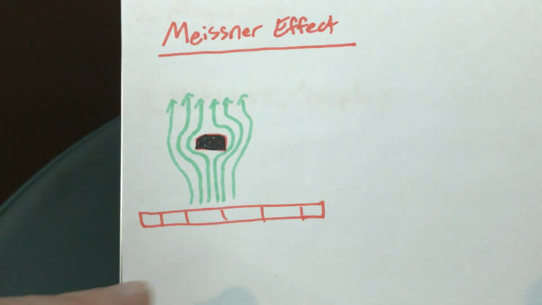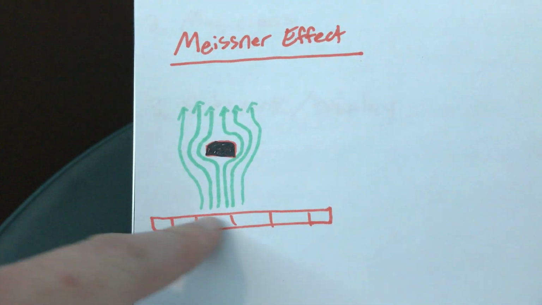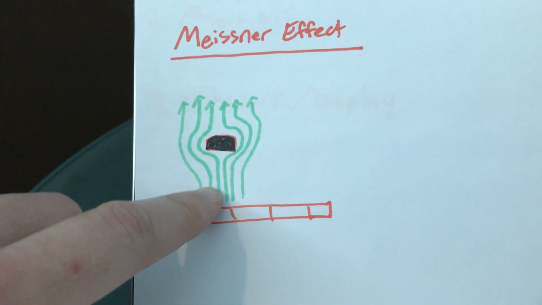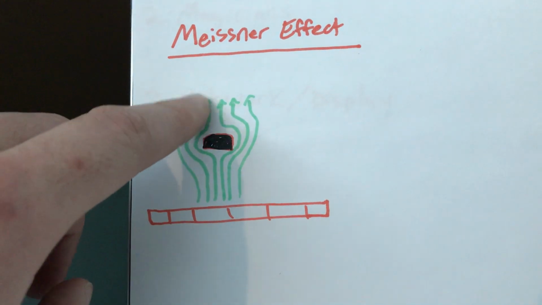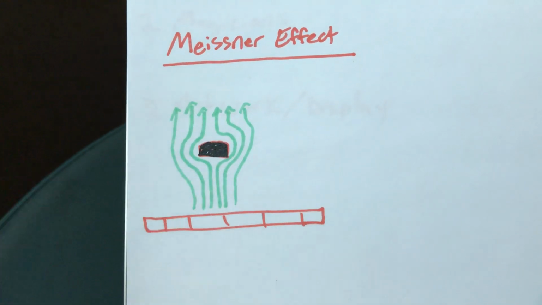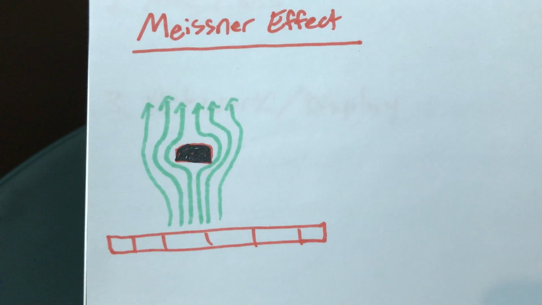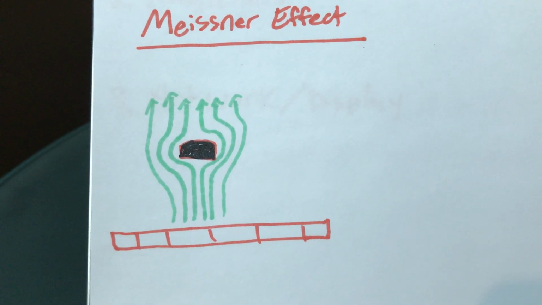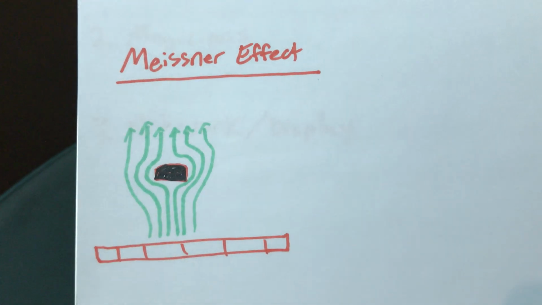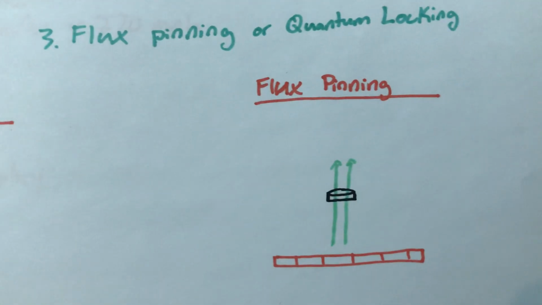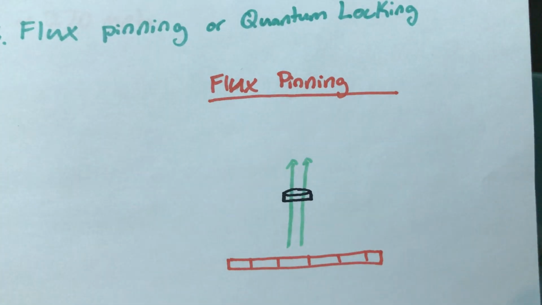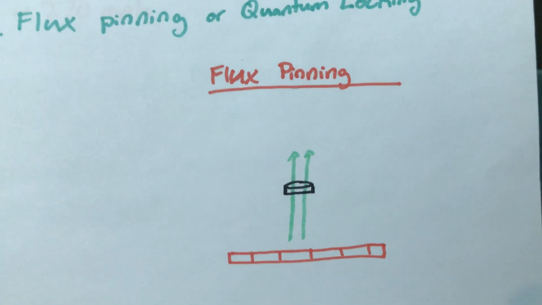So we have a metal track down at the bottom here, or magnets. And then we have magnetic fields, and we have our superconductor. Now what's happening with the Meissner effect is it's actually repelling the magnetic field. So we have that repulsion there. And then the third thing that happens is called flux pinning or quantum locking.